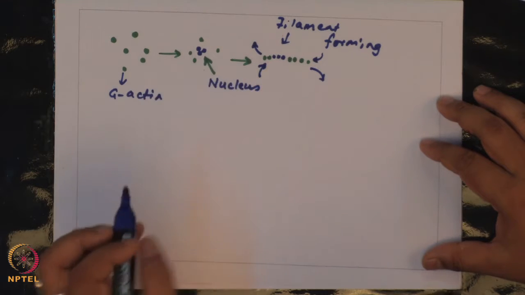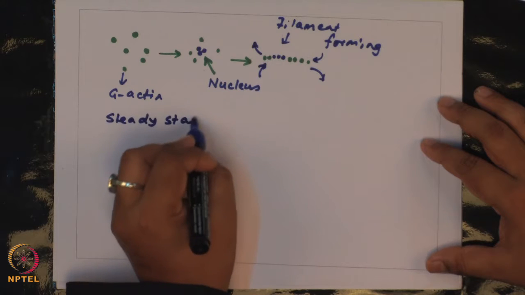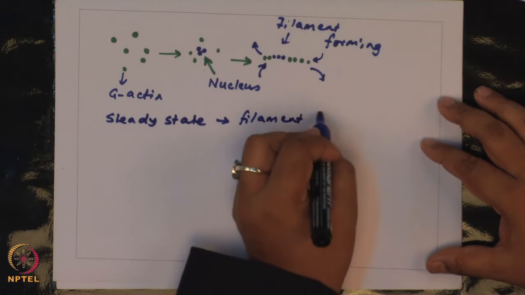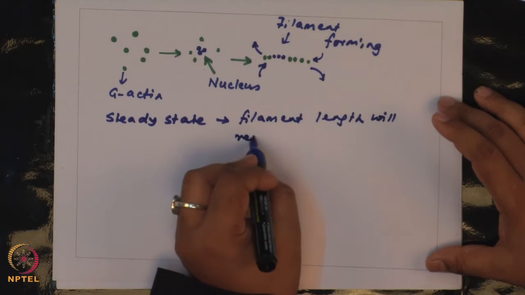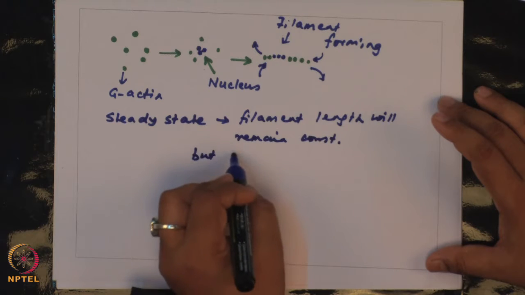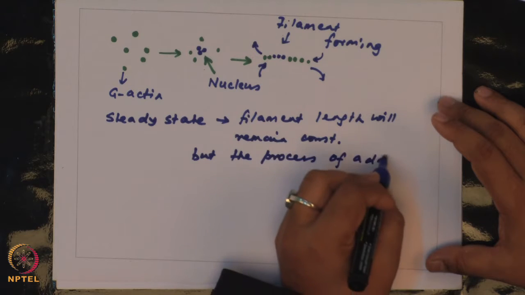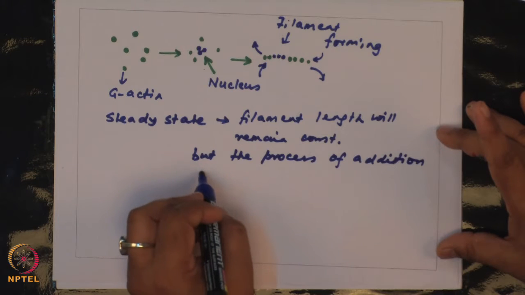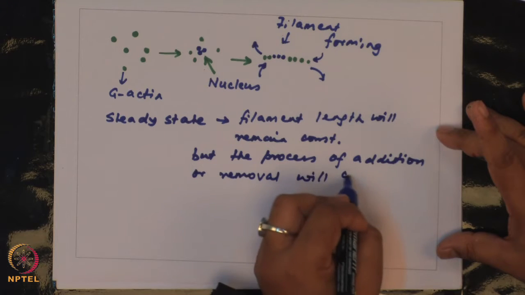Okay. So, in steady state, your filament length will roughly remain constant, but it is dynamic, right. The process of addition, which is polymerization, or removal, which is depolymerization, will continue.